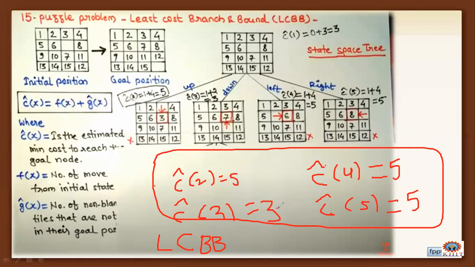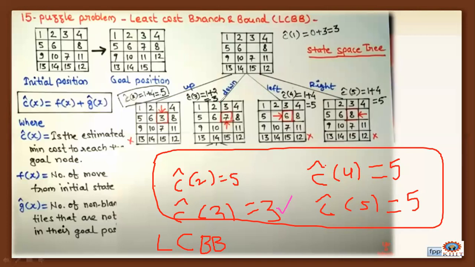C cap of 3 will be producing the least cost value when compared with C cap of 2, C cap of 4, C cap of 5. So among these four values, you will get one value that becomes the least cost value. So consider this one, ignore the remaining ones.